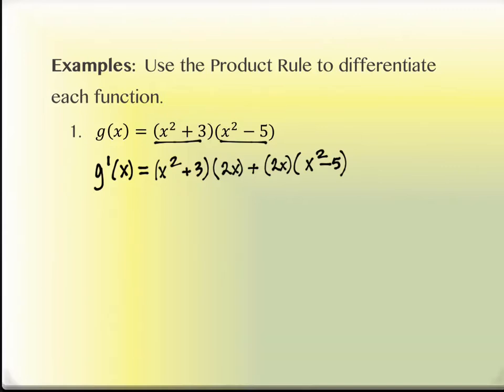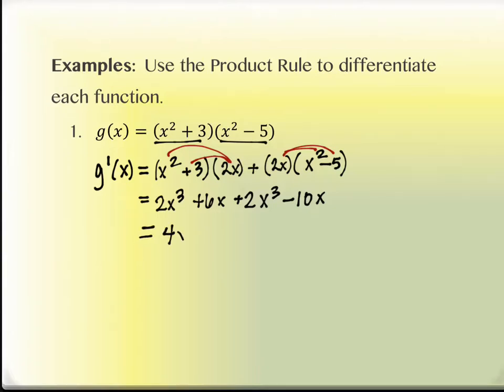As you're working through homework and tests and all that jazz, we're going to clean it up. So we're going to simplify what we can. And on this one, that's kind of all of it. I can actually distribute the 2x. So now I have 2x cubed plus 6x. And I can distribute the 2x over here, giving me 2x cubed again, and minus 10x.